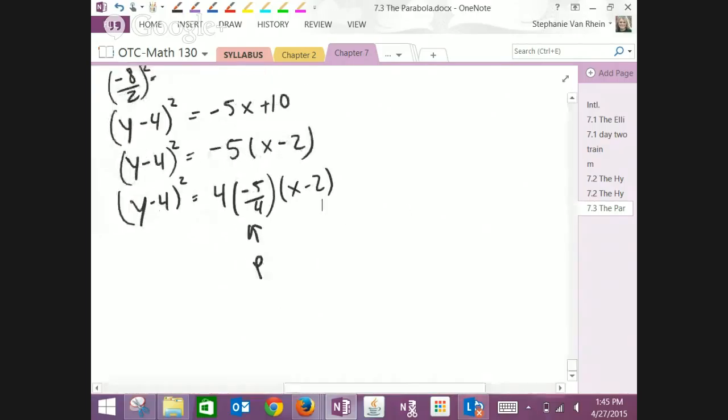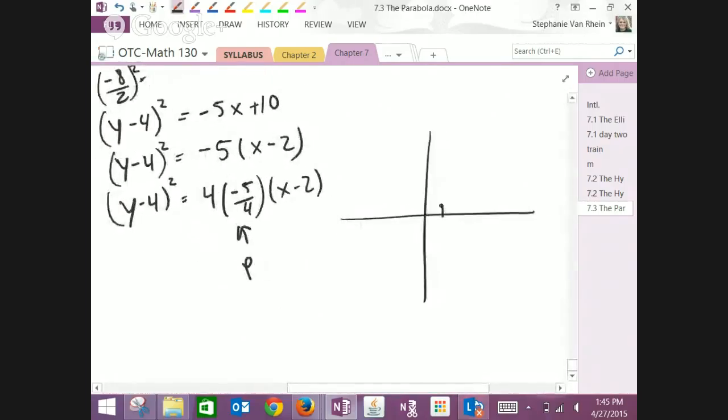So we know the vertex is at x equals 2 and y equals 4. This is going to open to the left, right? The y component is squared and p is negative. The y component squared means I open left or right. The p is negative, so I open to the left. P is 5 over 4, so this point would be (2, 4).